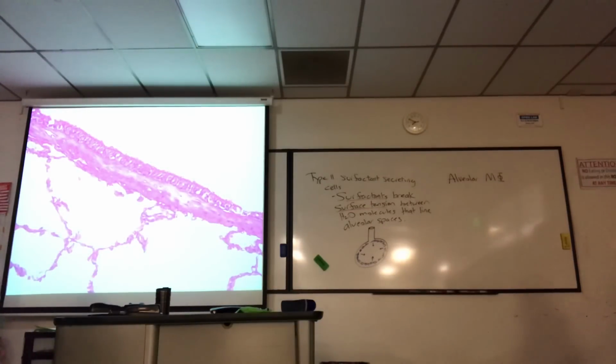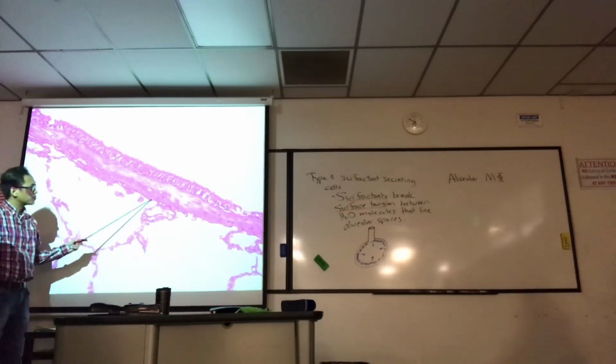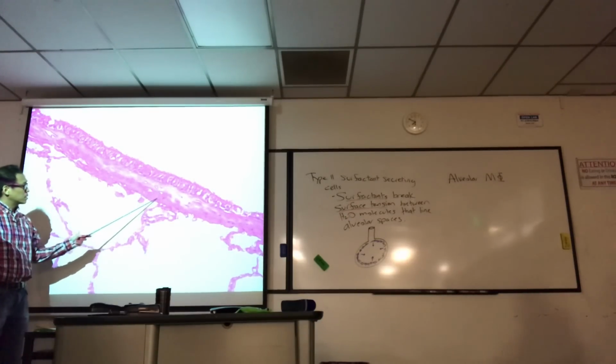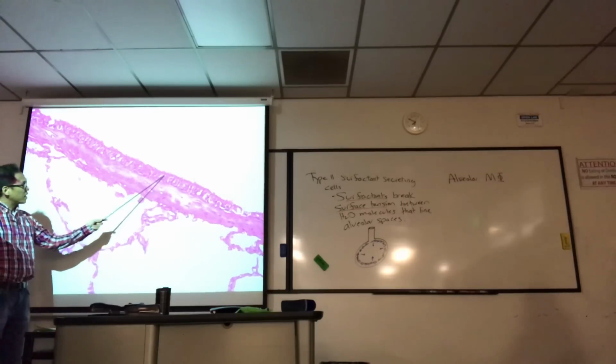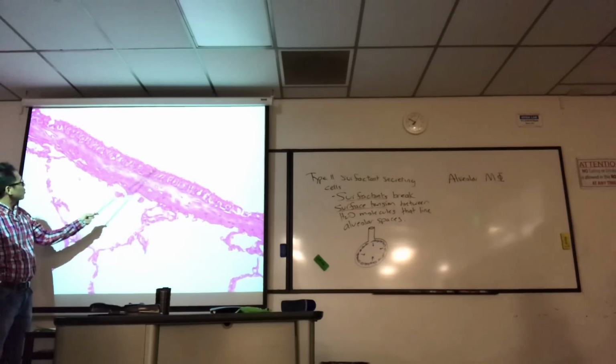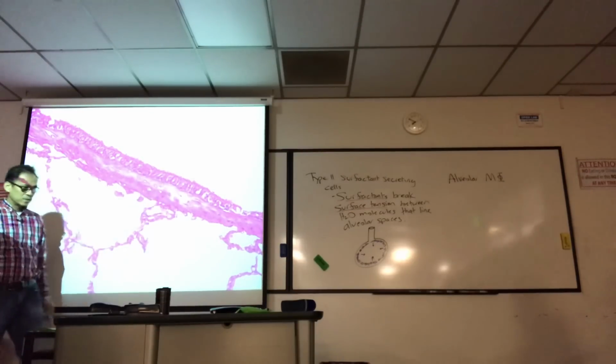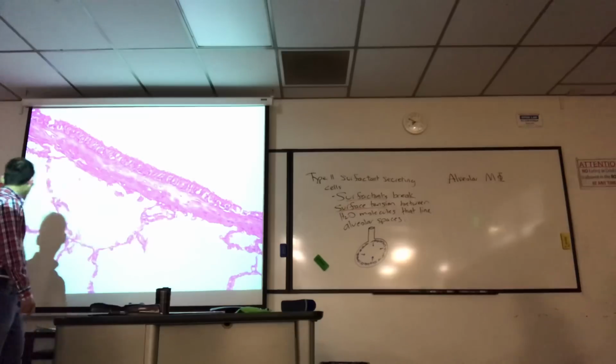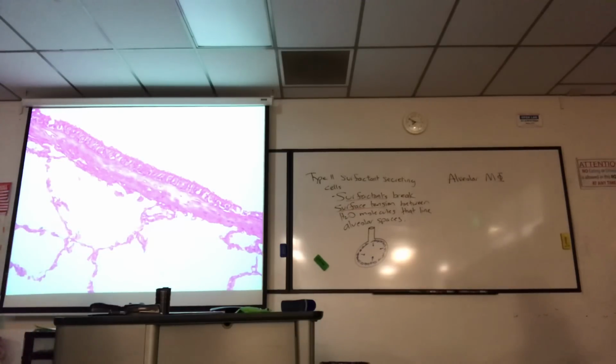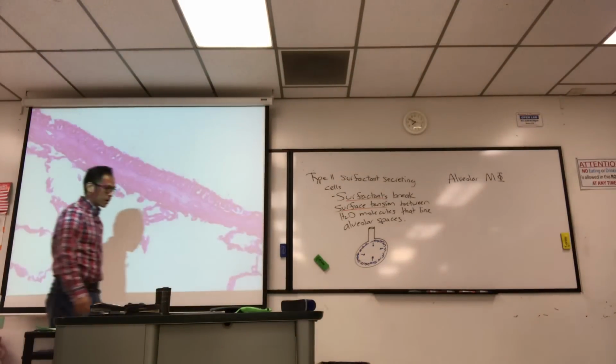This is the lining. It's a close-up view of the respiratory bronchiole, or just bronchiole. I don't know if it's respiratory. I have to see an alveolus coming off of it. This is the smooth muscle of the bronchiole. The epithelium is like a cuboidal epithelium with some cilia. It's kind of sparse. So let me write that on the board. I want you to be able to identify these tissues. So we got bronchiole.